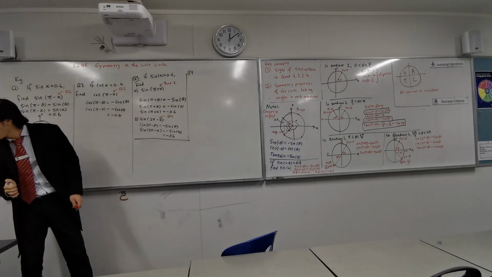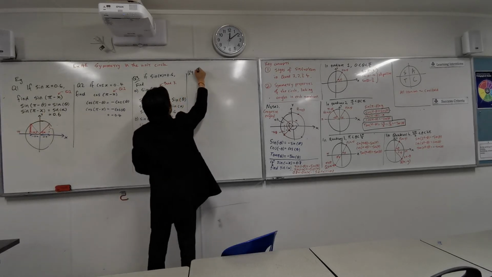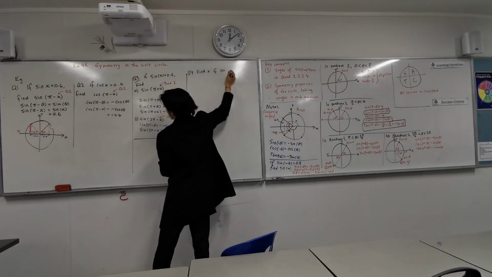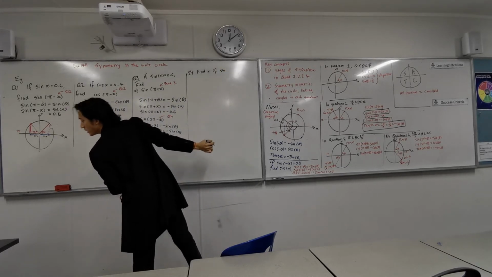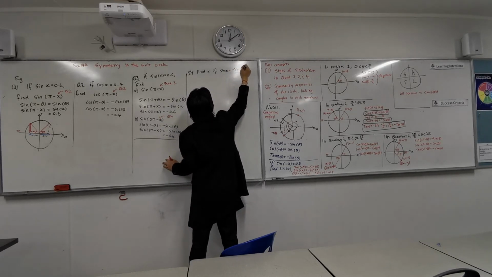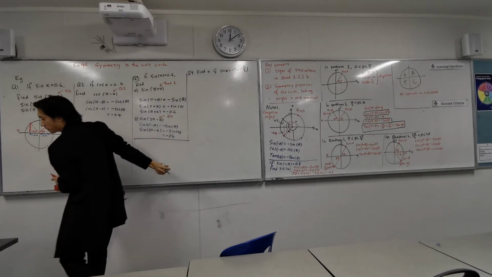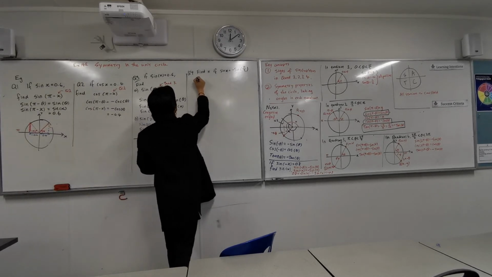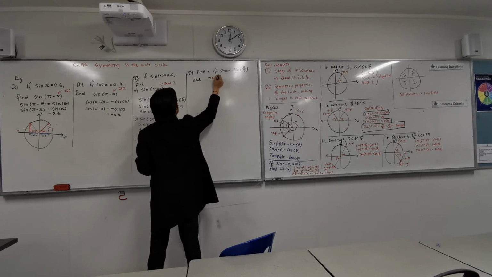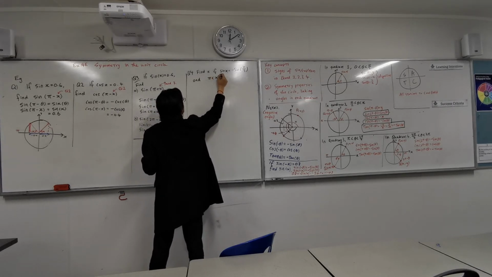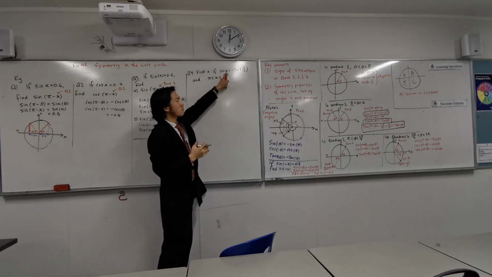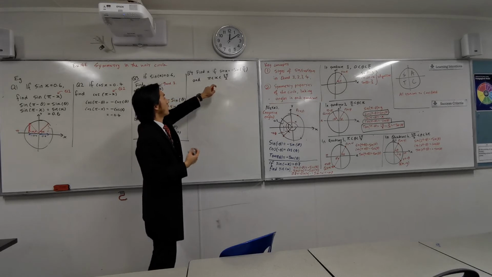For question 4, we need to find x if sine x is equal to negative sine of pi on 3, and x is between pi and 3 pi on 2. So keep in mind that x represents our specific angle.